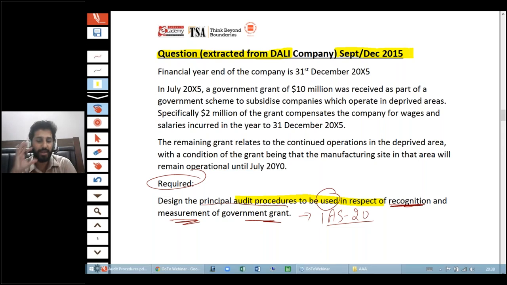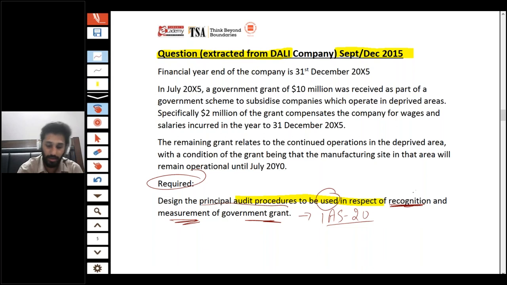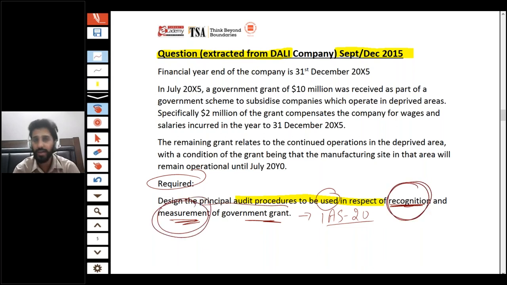I have extracted this information from the case study of the question Dali company September-December 2015, and this extracted information will now be used to write the audit procedures in relation to the recognition and measurement of the government grant.